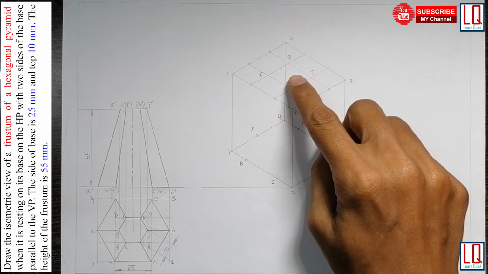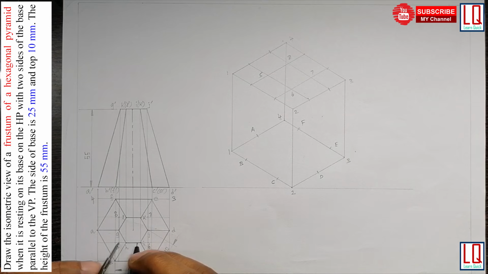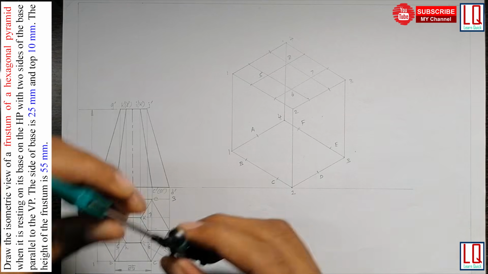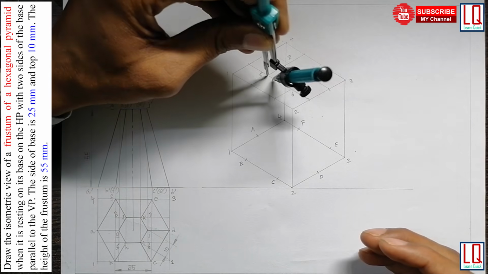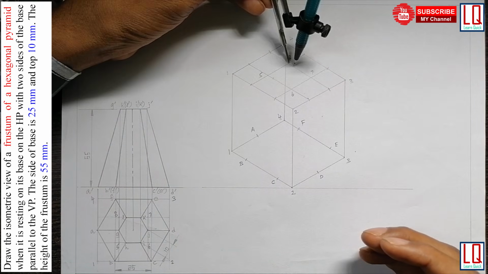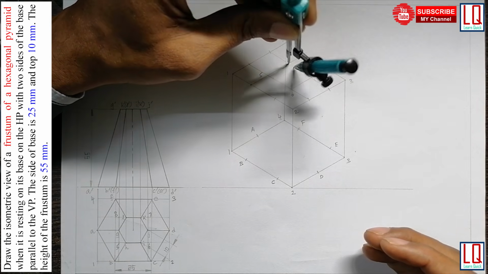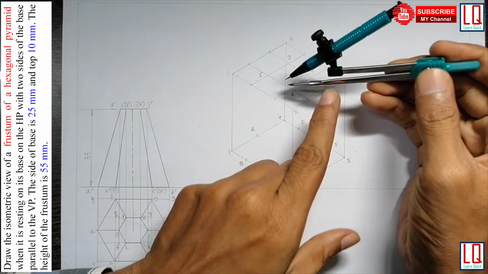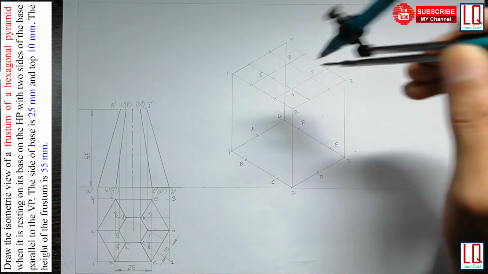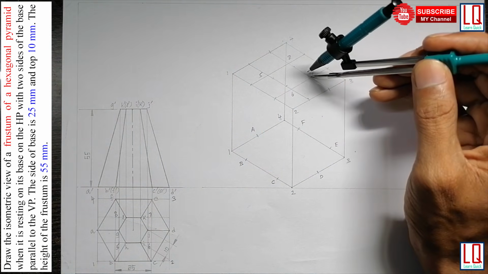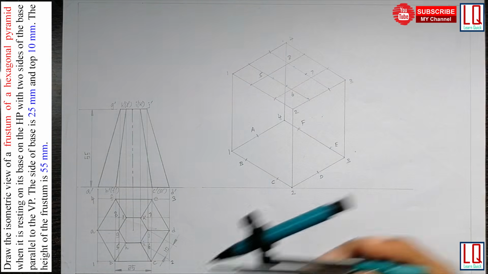So now for the small hexagon I measure the distance between B to H. So now from B to H, so the distance will be same from 8 to L and 6 to I, 7 to K. So I obtained 4 corners.